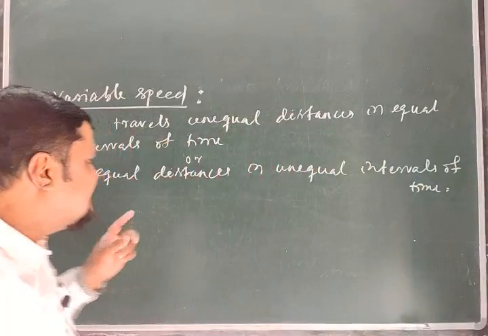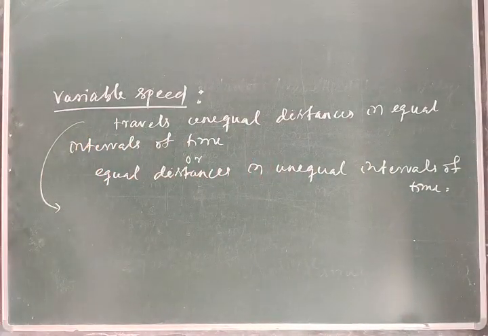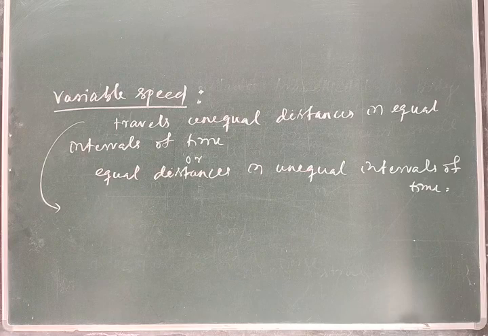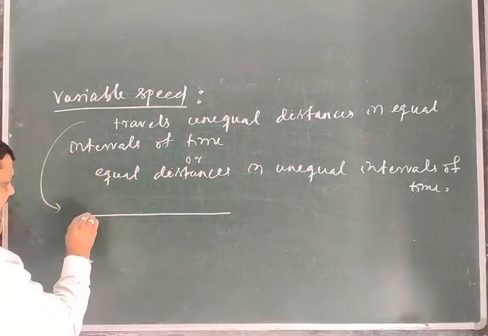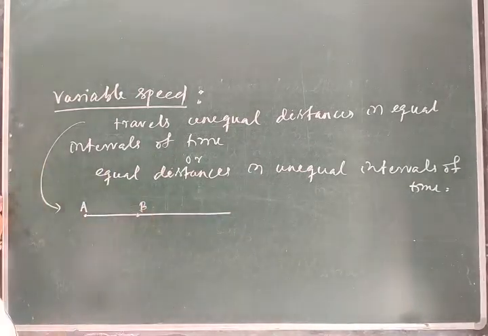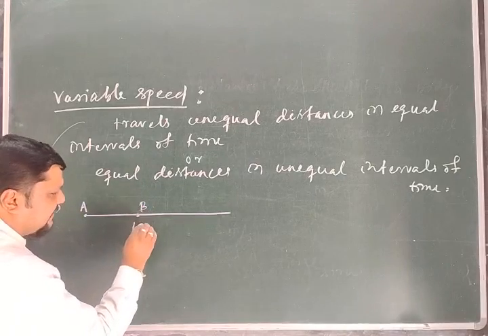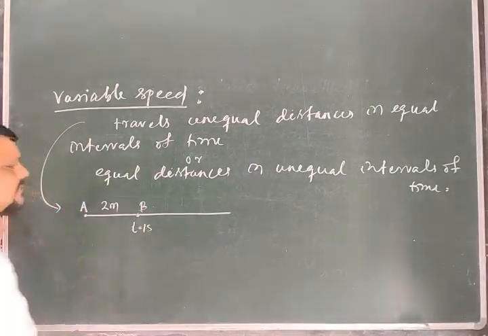Means what? In this case, take an example. Suppose a body is moving like this, starts from A, reaches the point B in time t equal to 1 second. Suppose the distance is 2 meter.